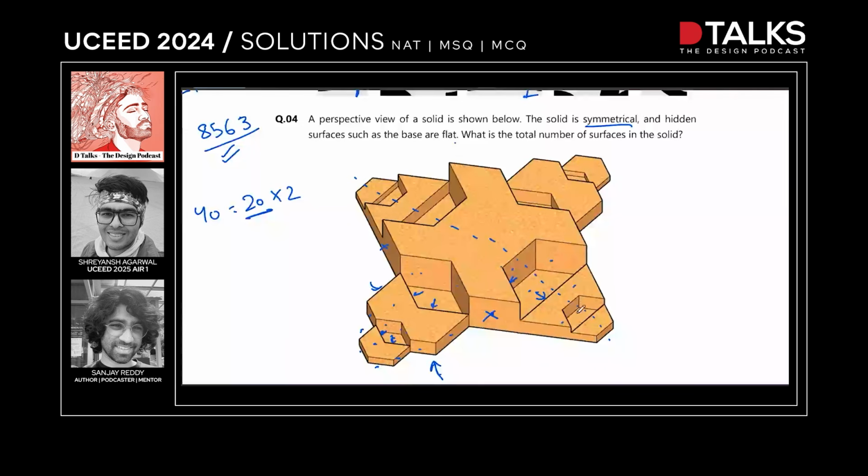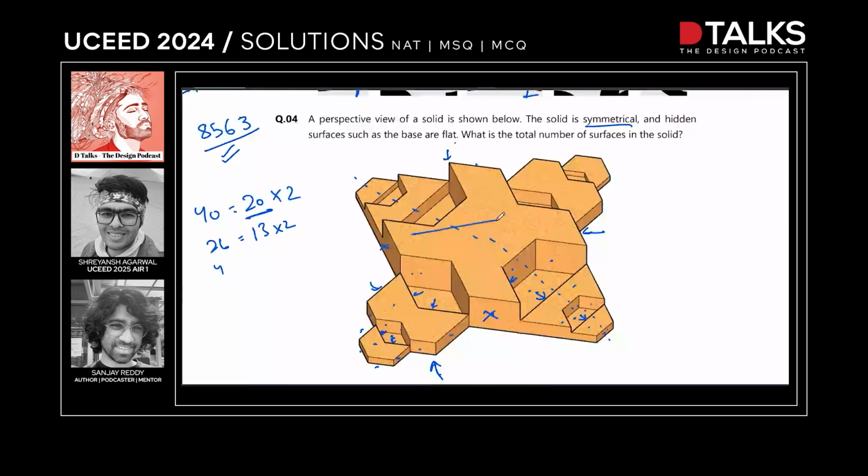7, 8, 9, then this is 10, this is 11, this is 12, and this is 13. So 13 times 2 is equal to 26. Now, the faces I have not counted yet. First of all, these 4 faces, so that would give you 4 more.